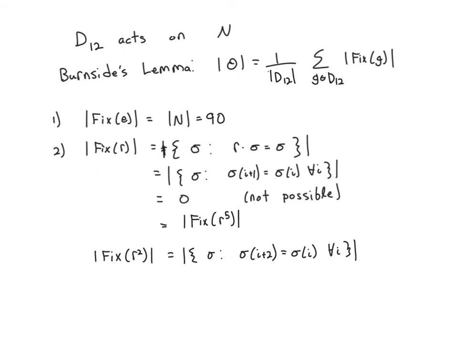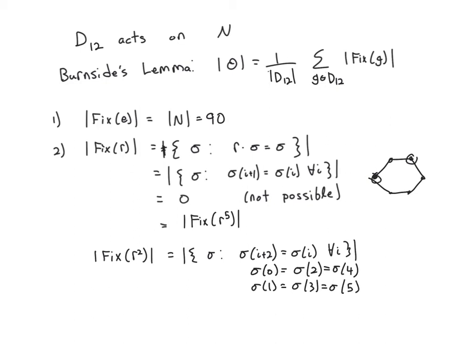So now we look at r squared. The fixed points here would be r squared dot sigma equals sigma. r squared dot sigma of I is sigma of I plus 2. So we're requiring sigma of I to be equal to sigma of I plus 2. In other words, we want sigma of 0 to be equal to sigma of 2 to be equal to sigma of 4. And the same thing for the odd numbers: sigma 1 equals sigma 3 equals sigma 5.